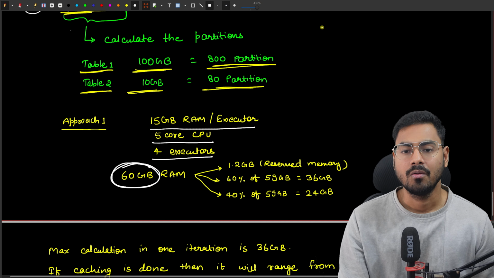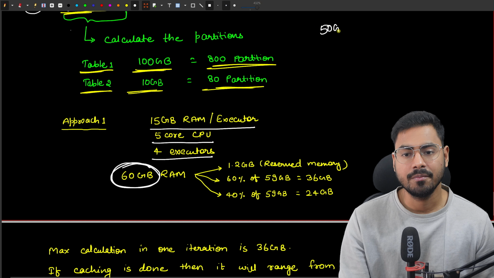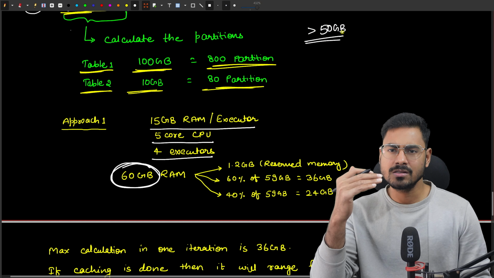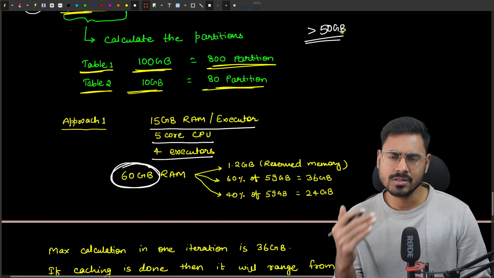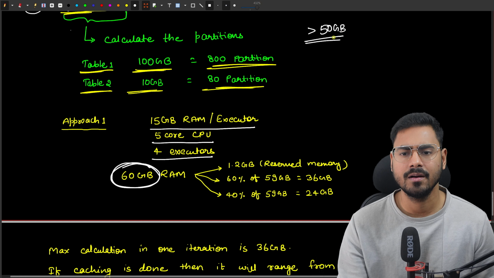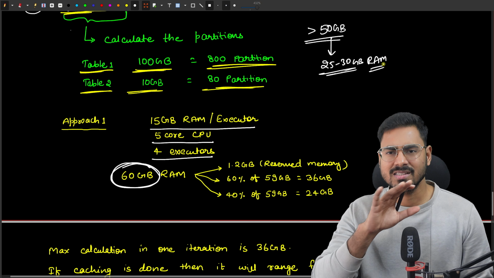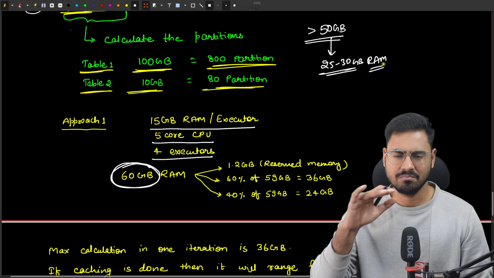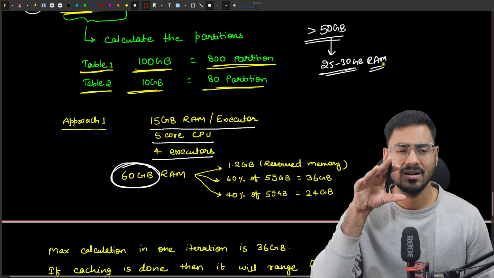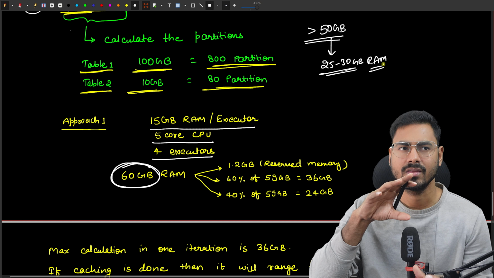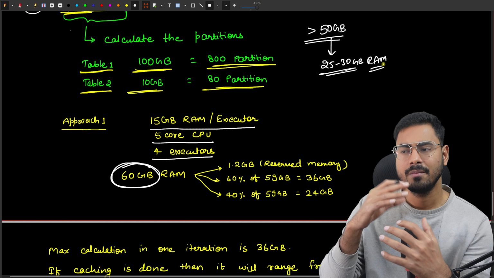What I generally consider is, if data is greater than 50 GB, you should start with almost half of the memory. Like if I have 50 GB, I'll start with 25 to 30 GB of RAM, okay? This is my, or anyone's, general thinking: I'll start with half of the RAM, depending on the volume.